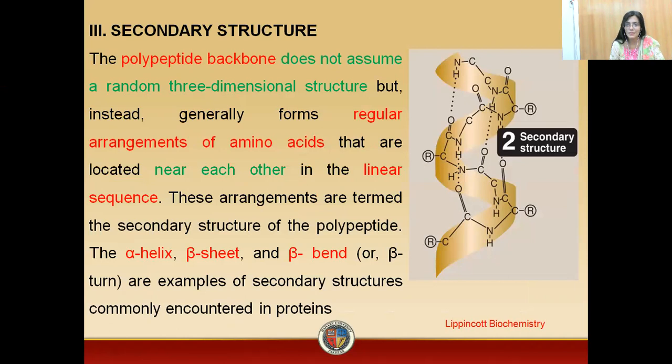In the secondary structure of proteins, there is a regular arrangement of amino acids near each other in close proximity. This is also a linear structure.